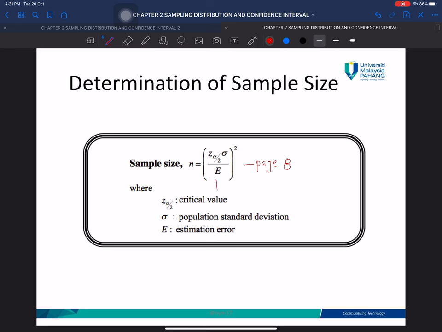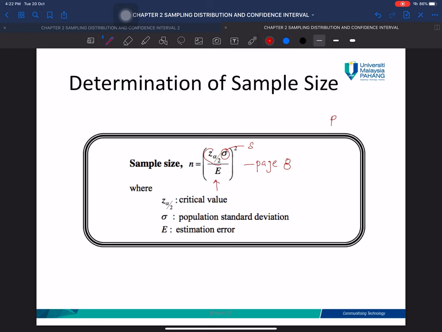The first one is this one, and for the second one, we use the concept of the proportion. For the proportion we have the notation P, so you can distinguish. If you have sigma here, then we use the concept of confidence interval for the mu. The sigma here could also be the S, depending on what information we have in that question, whether you have sigma or S. Then you just substitute in this formula.